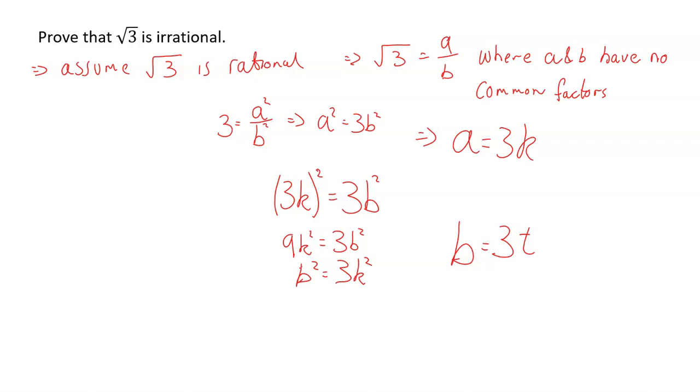So this here has the implication that both a and b are multiples of 3. And if a and b are multiples of 3, the number is not rational in simplest form. So because that number is not rational, that means that root 3 is irrational.